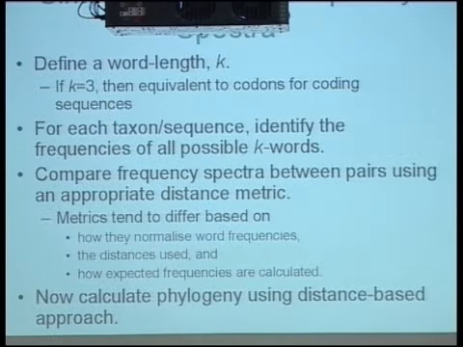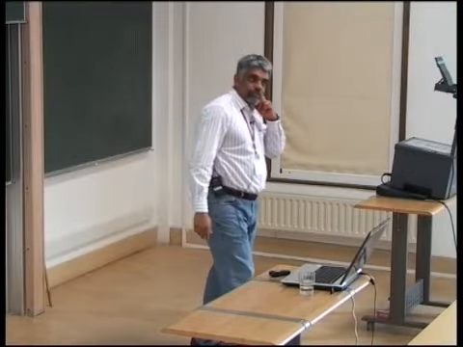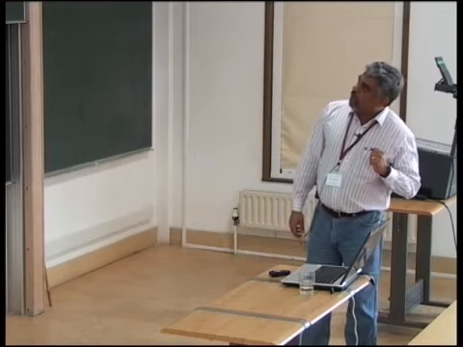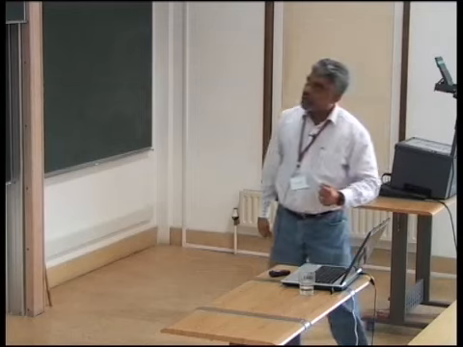So just to give you an idea, for those of you who may not be familiar with this, a word frequency spectrum, we simply define a word length, k. If this k is 3, for instance, then it's equivalent to codons. And what we do is for each set of DNA that we have, we scan the entire sequence and look for the frequencies of all possible k words. And then, for each genome, we have the spectrum here for the number of k words. So as I said, if it's 3, you have 64.